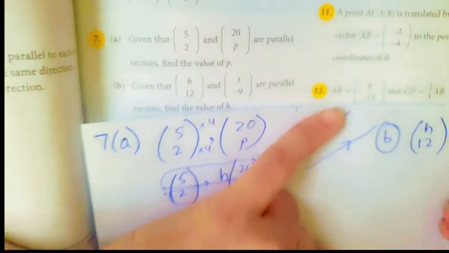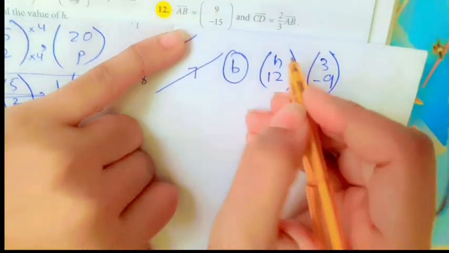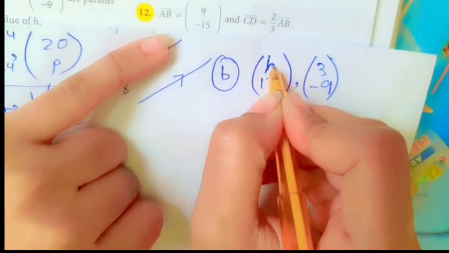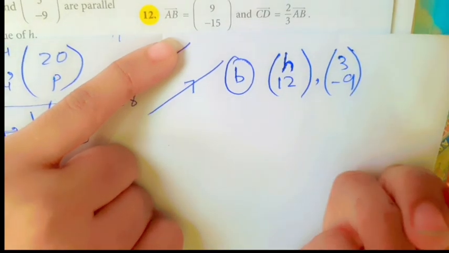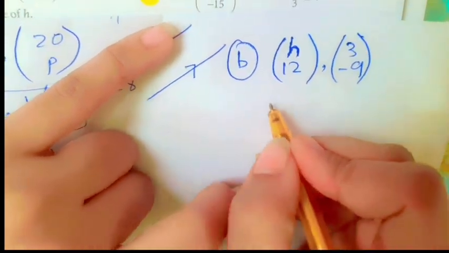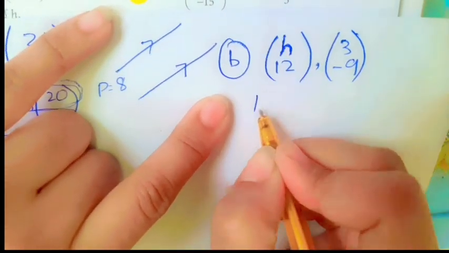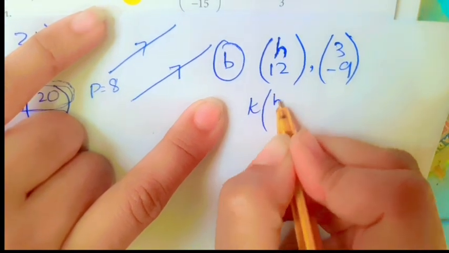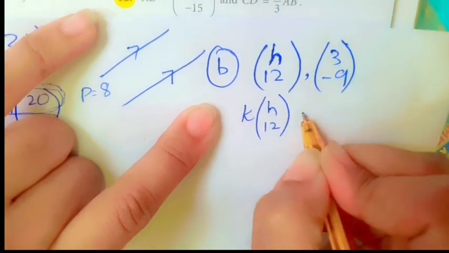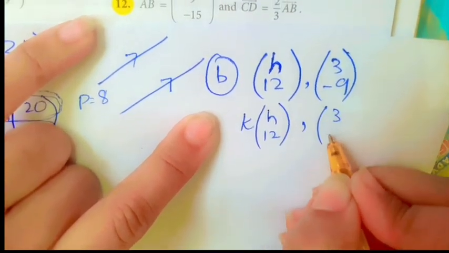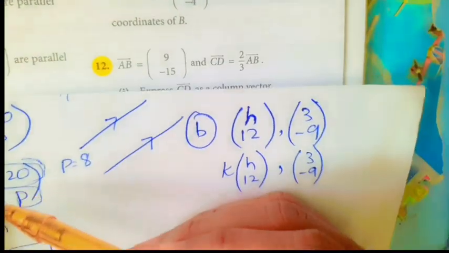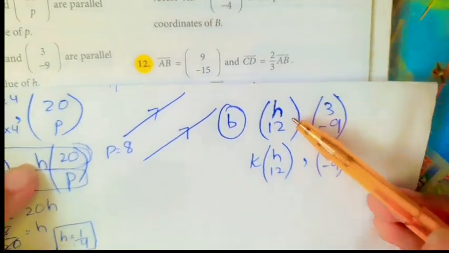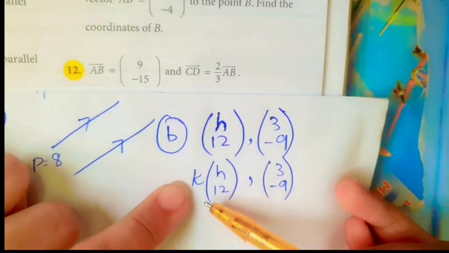See, here h is already given, so we can't take h as a variable. You can take any variable, k. Okay, we are using k over here, because h is already given, so I have to use a different variable.